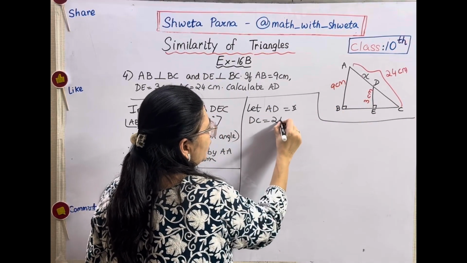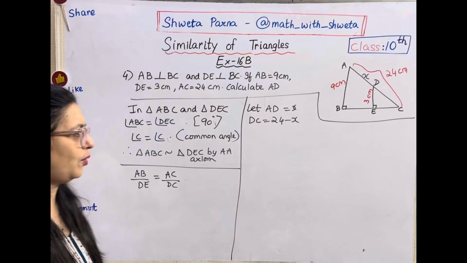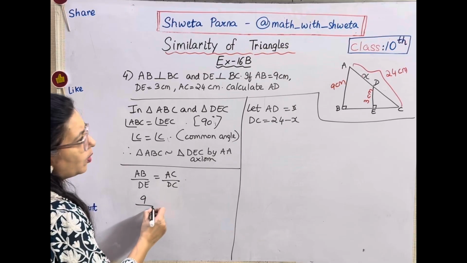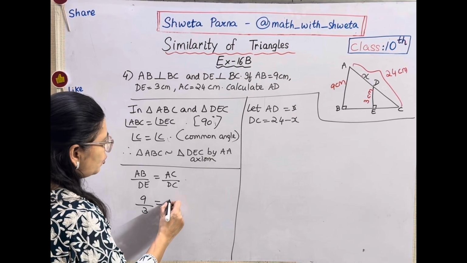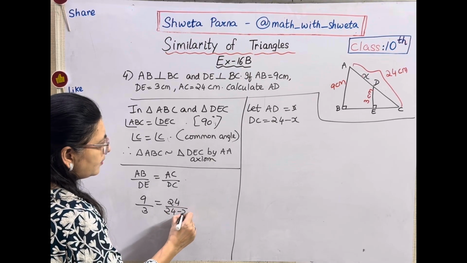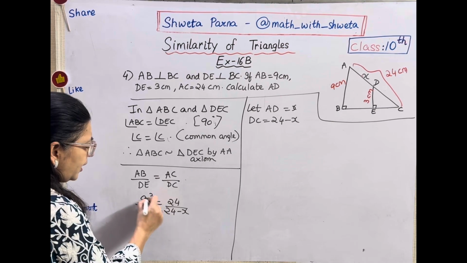DC would be 24 minus X, because AC is 24. Let's substitute this. AB is 9 upon DE is 3 is equal to AC is 24 upon DC is 24 minus X. Okay. This you can reduce 3 times.